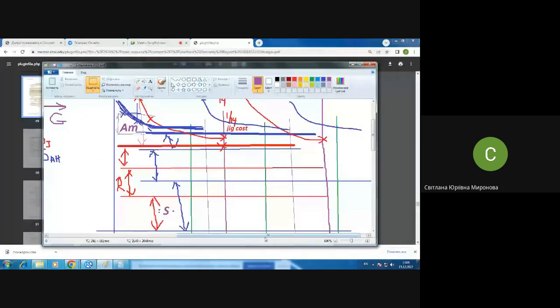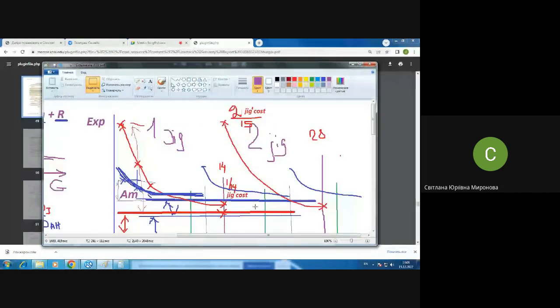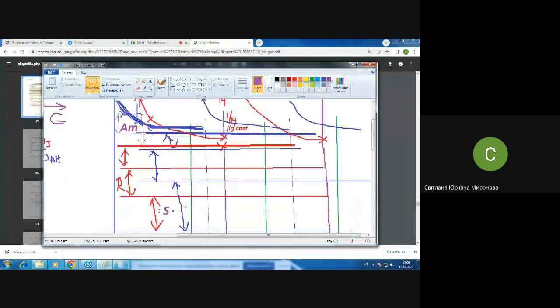This chart is the dependence of expenses for one item, for one assembly item, like one frame or one spar or one panel. What are the expenses for assembling in a shop of one assembly unit, depending on program?